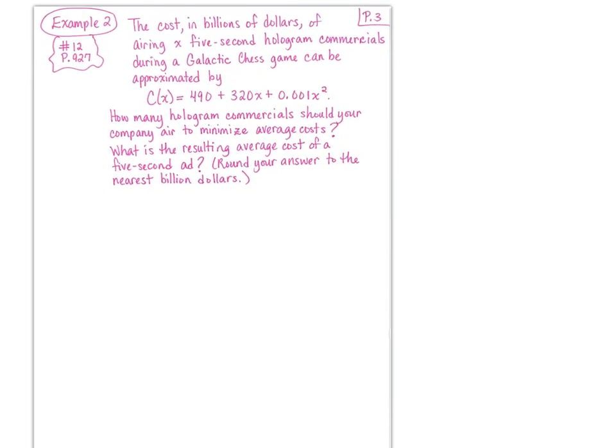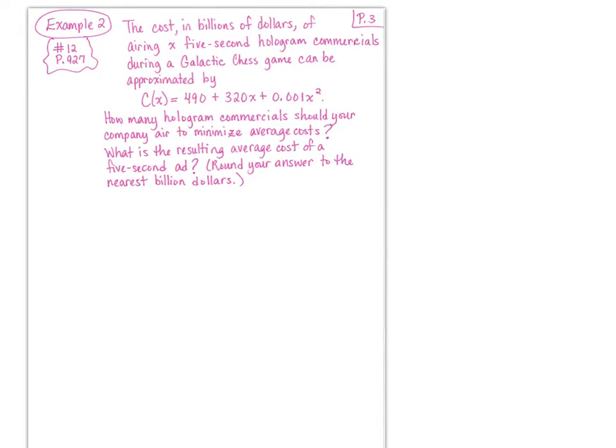Okay, so let's start by just writing down what C of x is. C of x is equal to 490 plus 320x plus 0.001x squared.